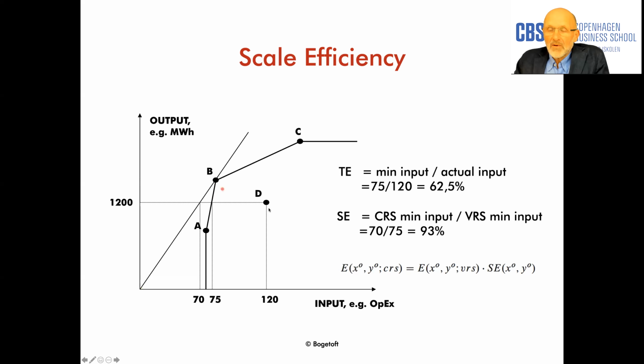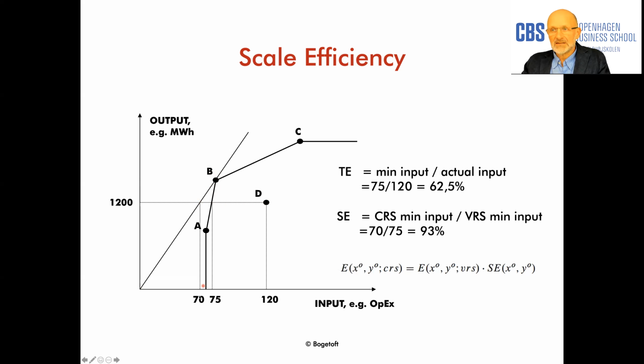Anyway, what I wanted to say is in the event that the other companies, like also company D, could have enjoyed the same output per input efficiency as the optimal scale size B does, then we could have saved all the way down to this point here.